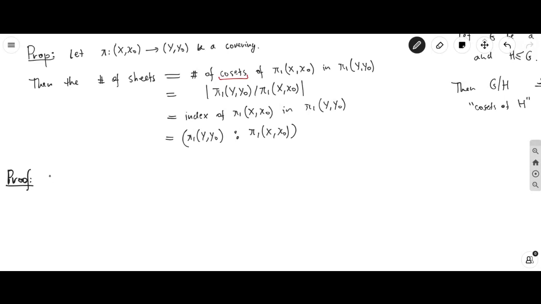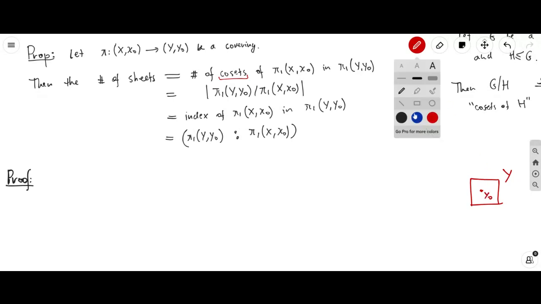So here's the way we do it. Maybe a picture would be helpful. So I'll draw a picture right here. Let's say this square represents y, and this is y0. And when you pull back y, these are the fibers. I'm sorry, this is the fiber.